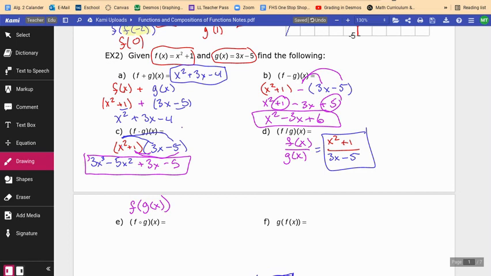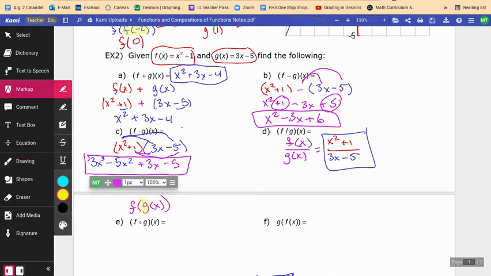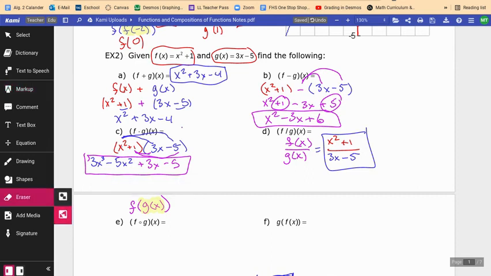So I need to take one function and put it into the other function. So this is saying that g of x, I'll highlight it, g of x is my input for f of x. So what do I mean by that?